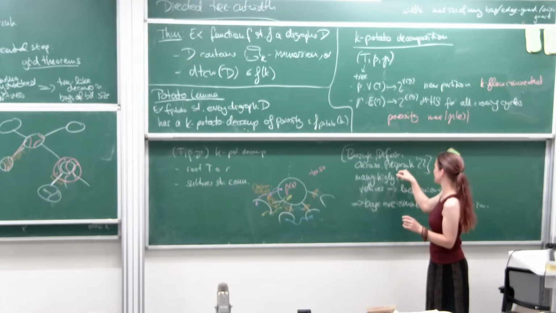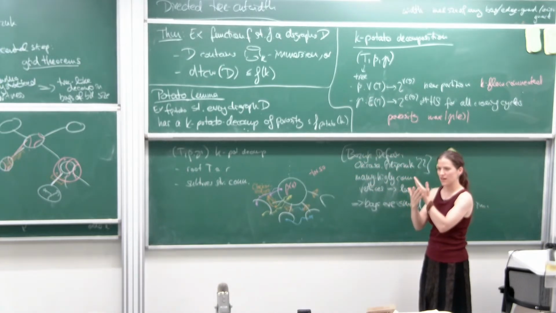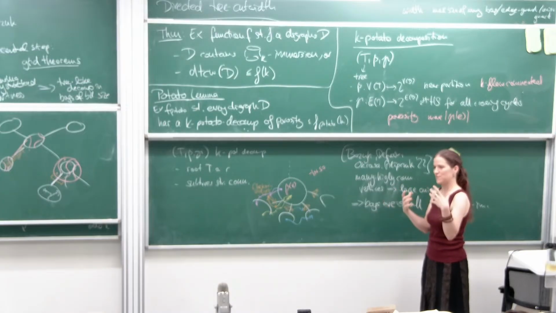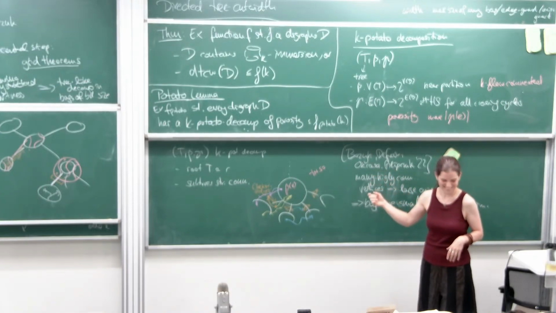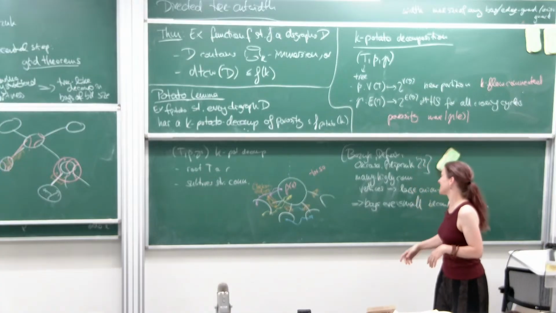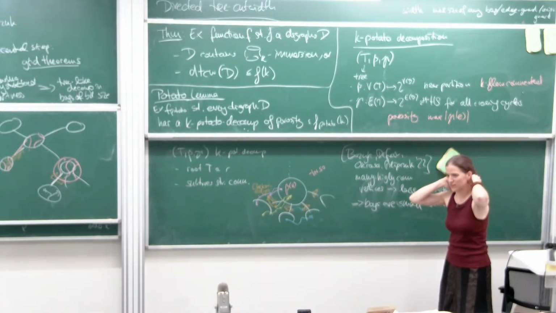So actually this ingredient here is some onion uncrossing lemma. It's called the onion harvesting lemma, and that's actually the blow up in running time and in the function as well.